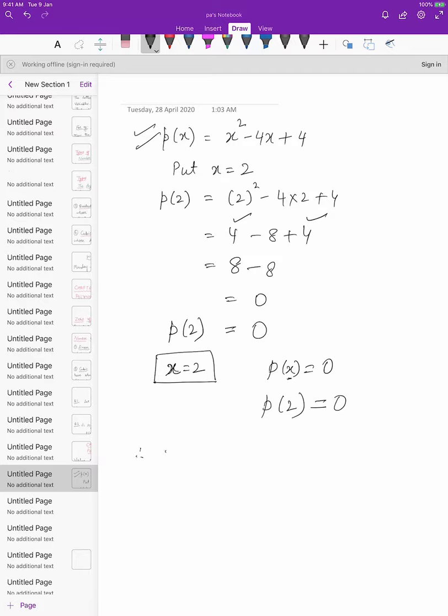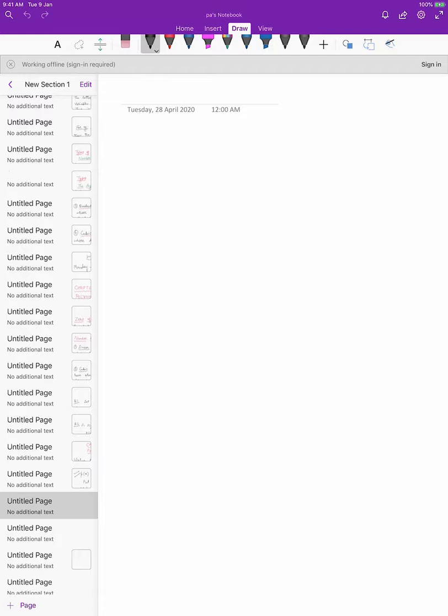Therefore we can say x is equal to 2 is a zero of the given polynomial. This is known as a zero of the given polynomial. You have understood what is the meaning of zero of a polynomial? That value of the variable which makes the polynomial 0 is known as a zero of the given polynomial.